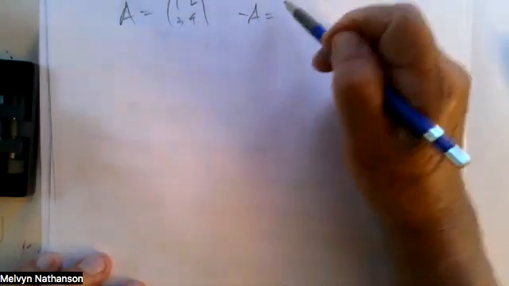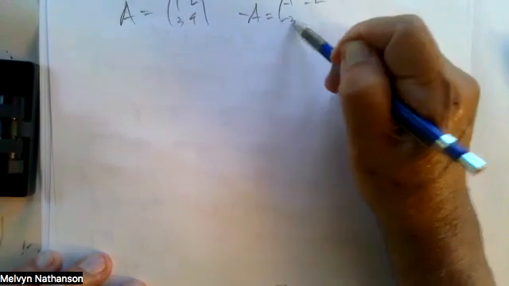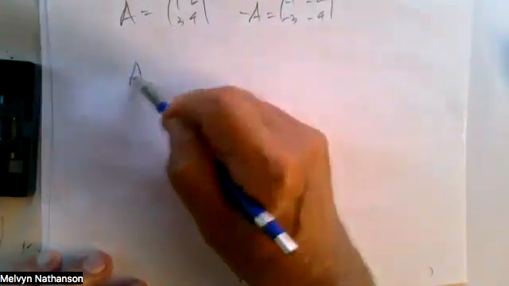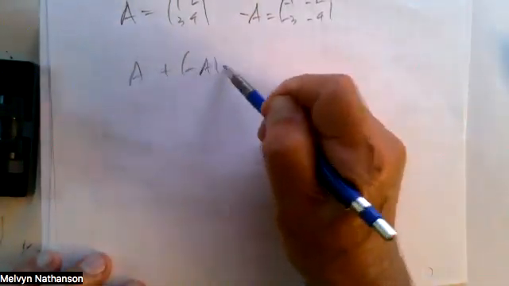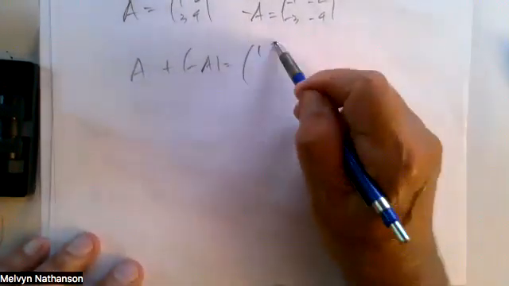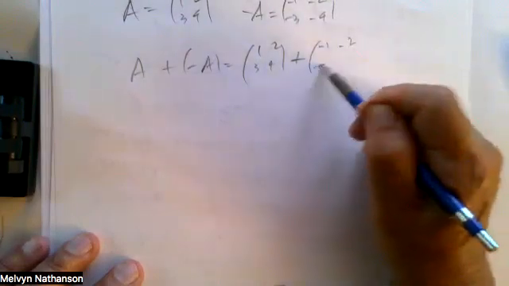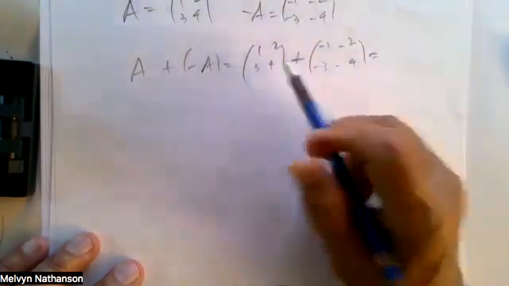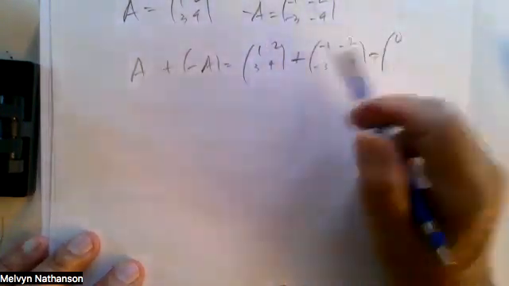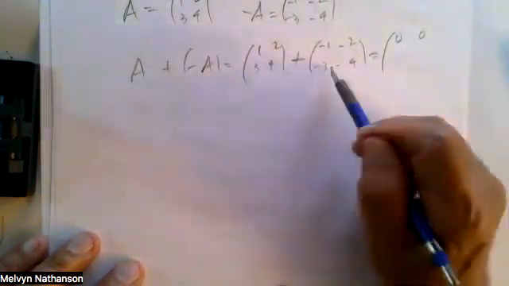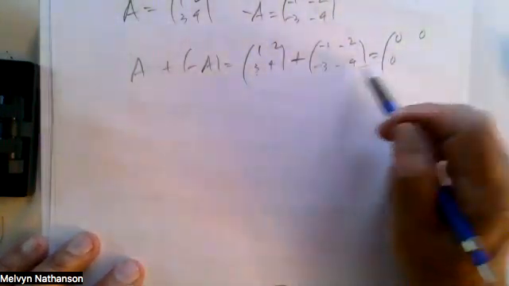Then minus A would be the matrix minus 1, minus 2, minus 3, minus 4. And if you add A to minus A, you're adding the matrix 1, 2, 3, 4 to the matrix minus 1, minus 2, minus 3, minus 4. What do you get? 1 minus 1 is 0. 2 minus 2 is 0. 3 minus 3 is 0. 4 minus 4 is 0.